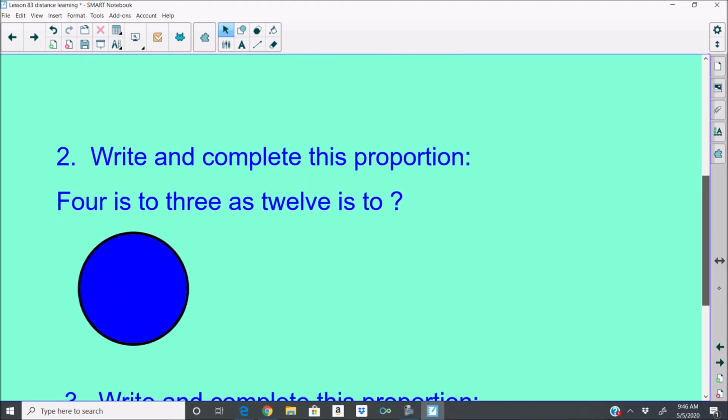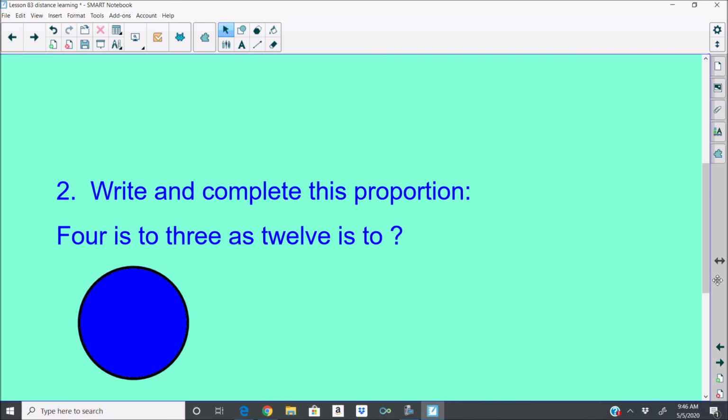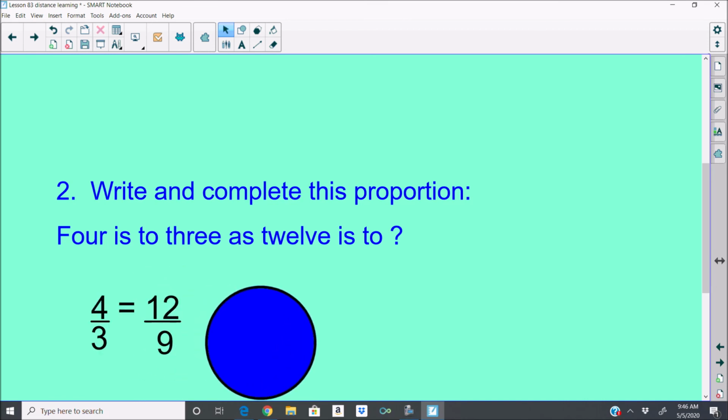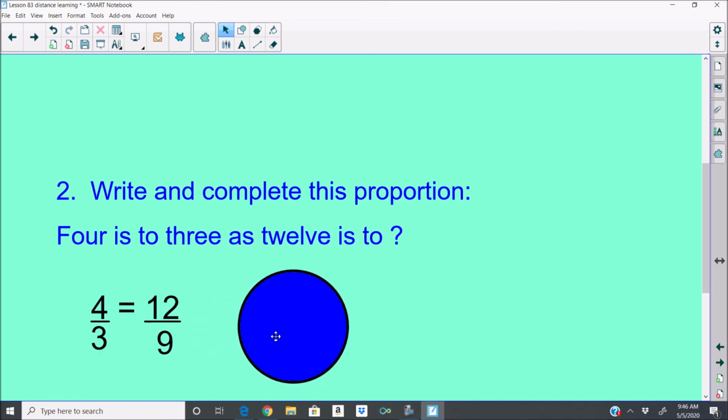Number 2, write and complete this proportion. 4 is to 3 as 12 is to, pause it if you need to. The answer is 4 is to 3 as 12 is to 9. We can see that those are equivalent fractions.